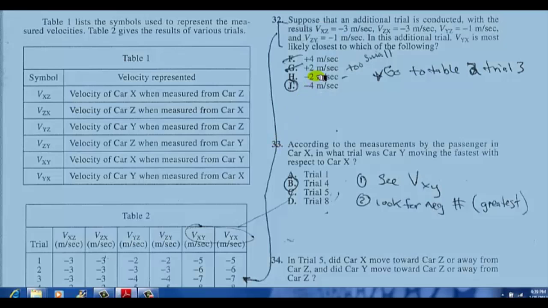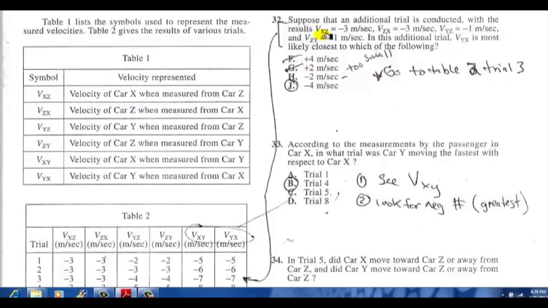Let's go ahead and plug in our information. Here's what we have. It's VXZ. VXZ is here in column 1. The value they give us is -3. We see that in trial 1 we have a -3, so we are on track here. Trials 1, 2, 3, and 4 have that same value. Continue on down the line. VZX is column 2.